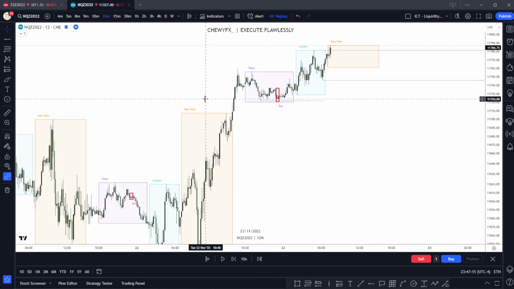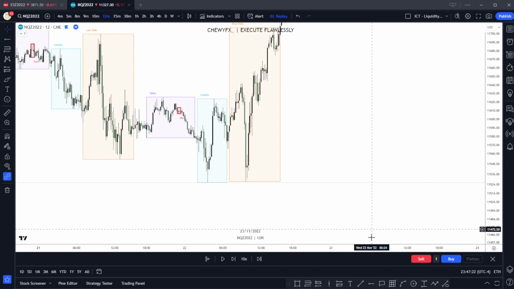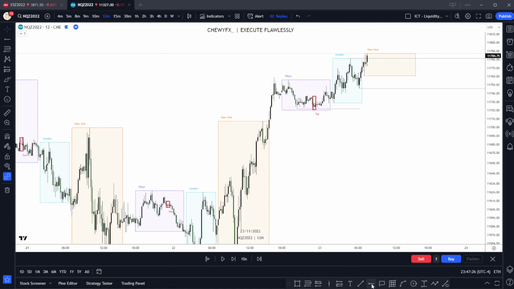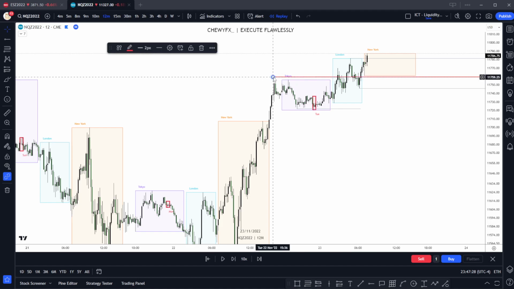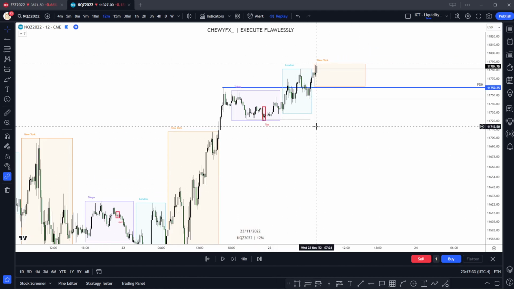Okay, let's do the same on NASDAQ really quickly here, just because it is getting late. So we got our previous day low. We have our previous day high, which got swept before our session.